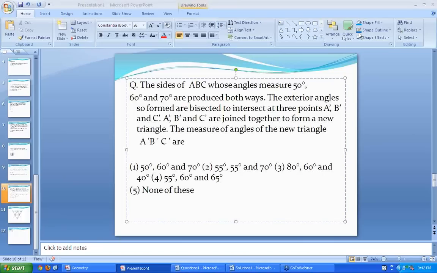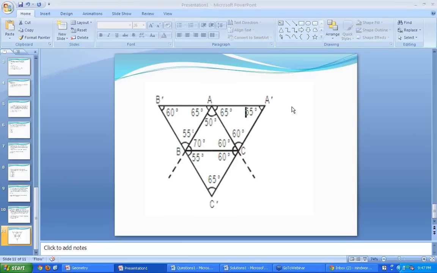Okay, the figure is not visible. Sorry, I hadn't shared the screen. I'll do that. See, ABC is the triangle which has 50, 60, 70 as the angles. The question said that the sides were extended and the exterior angle thus formed was bisected to form another triangle.